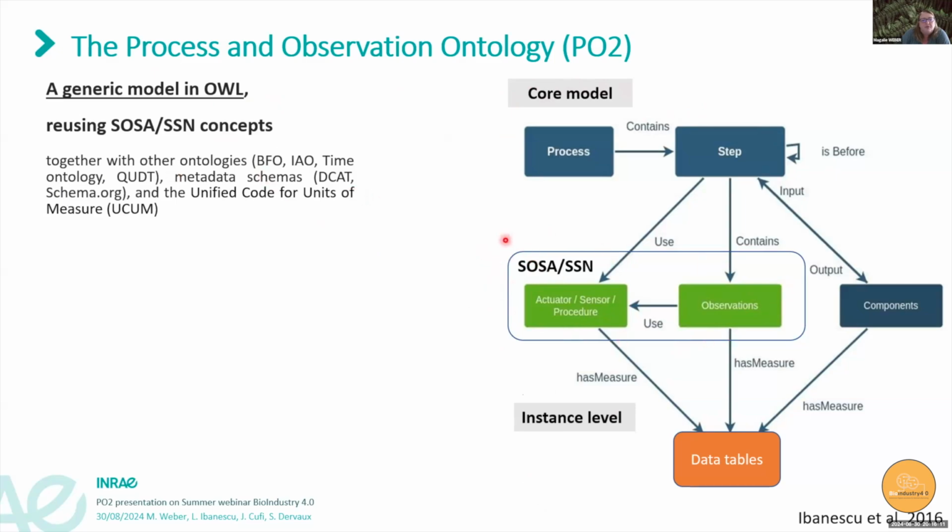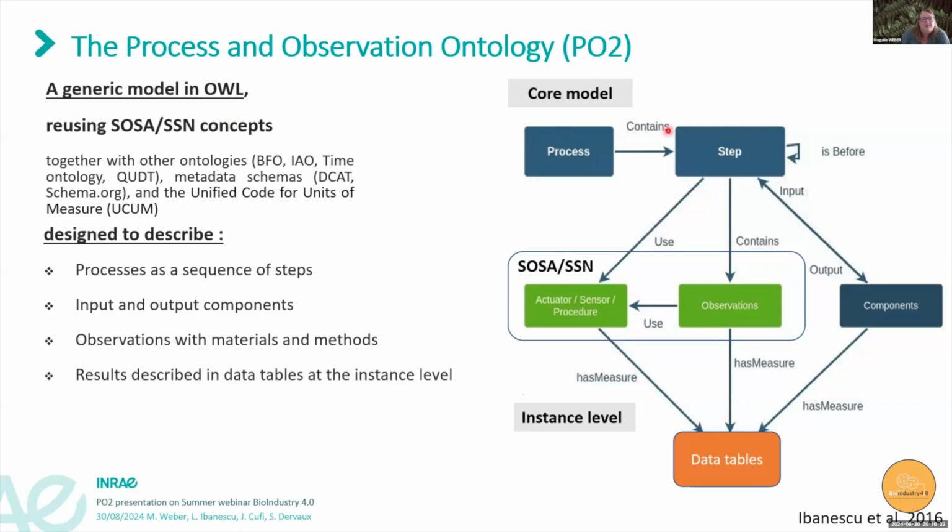And we are also reusing other ontologies, such as BFO, IAO, time ontology, QUDT for units, and metadata schemas like DCAT or schema.org, and the Unified Code for Units of Measure to standardize the units.